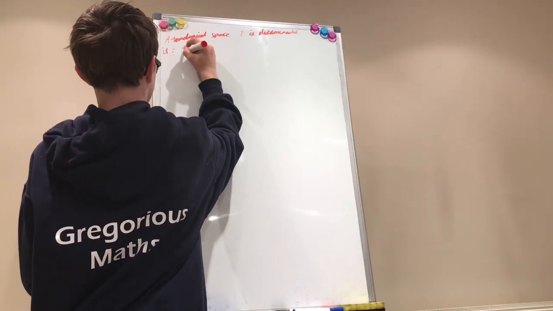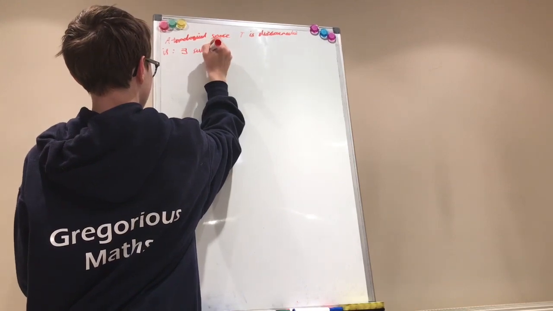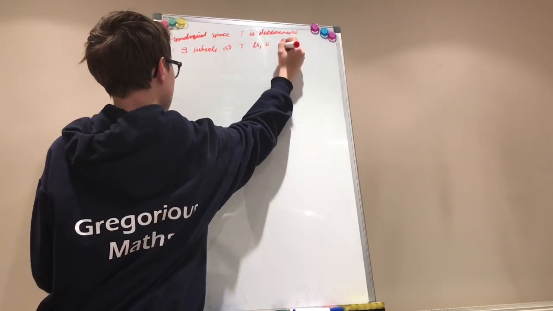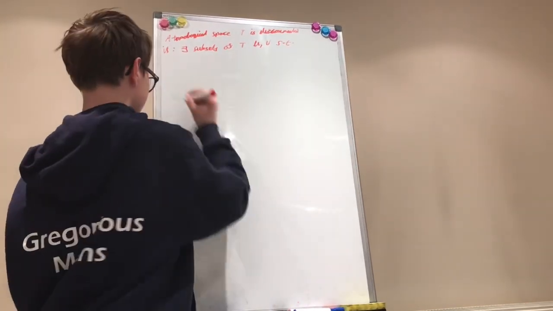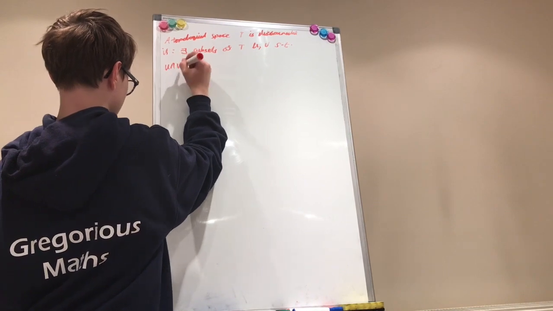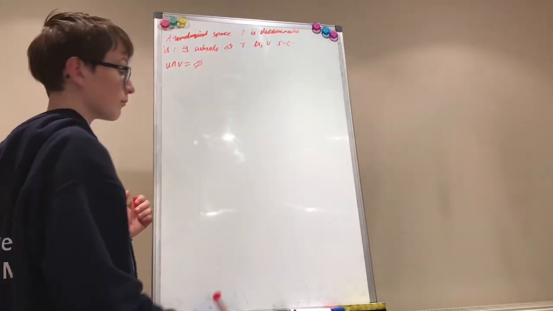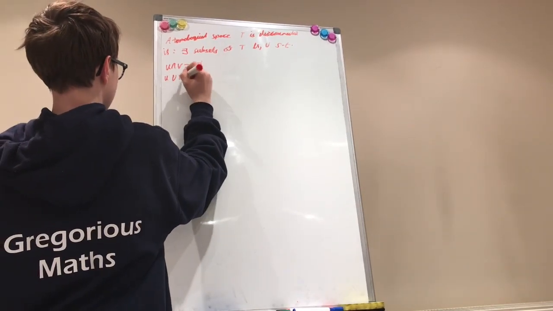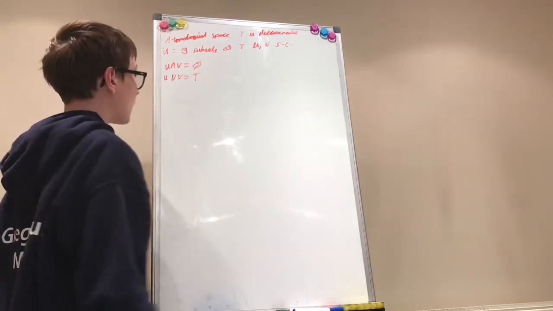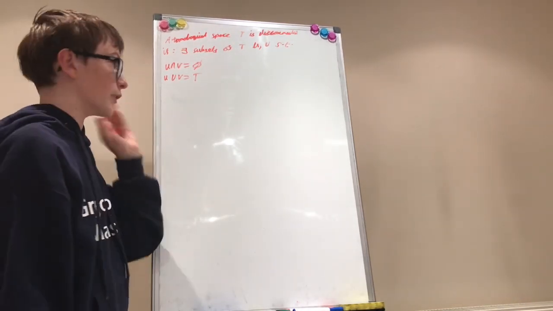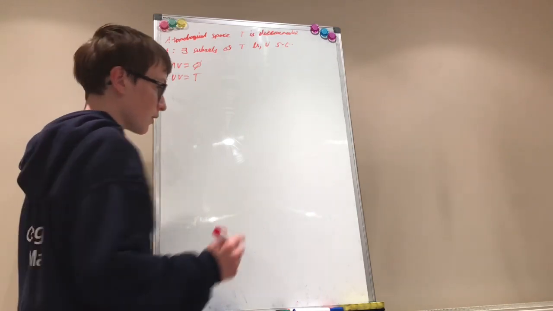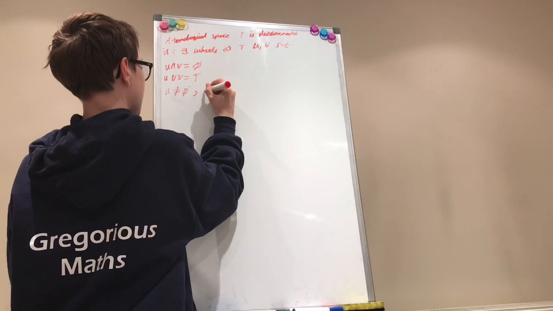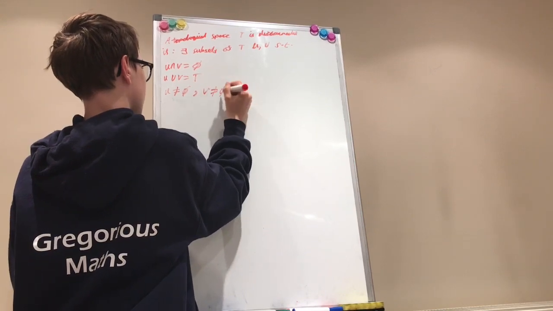If there exist subsets of T, U and V, such that U intersect V is equal to the empty set. Looking familiar, kind of. U union V is equal to the whole thing, i.e. U and V cover T. And U is not equal to the empty set, and V is not equal to the empty set.